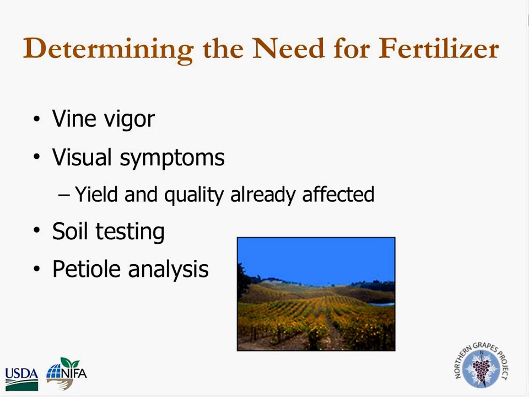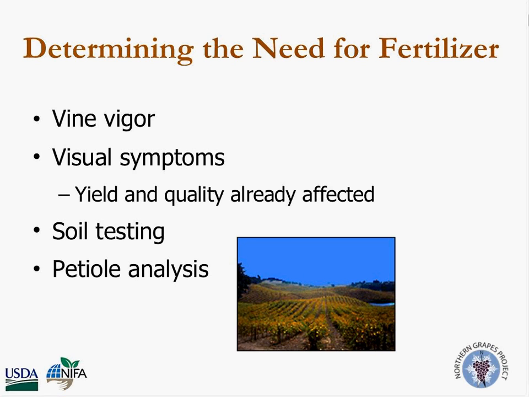In terms of determining the need for fertilizer and soil amendments, there are various ways of doing that. Of course, you can look at vine vigor and visual symptoms. This should always be done. However, if you start seeing visual symptoms and problems in the field, your yield and quality are likely already being affected.